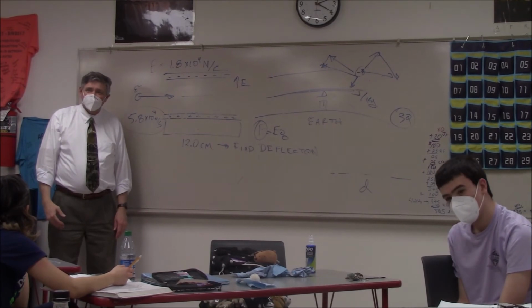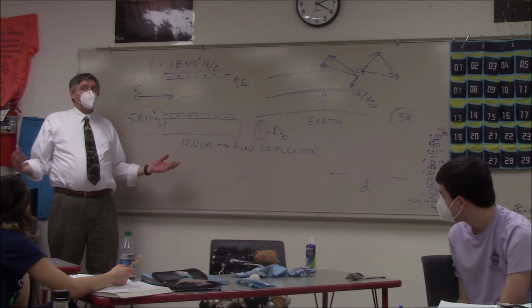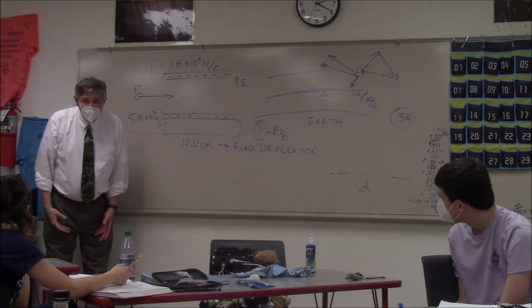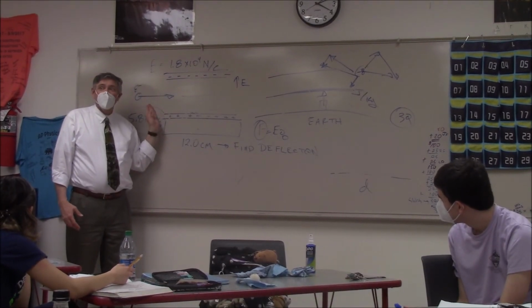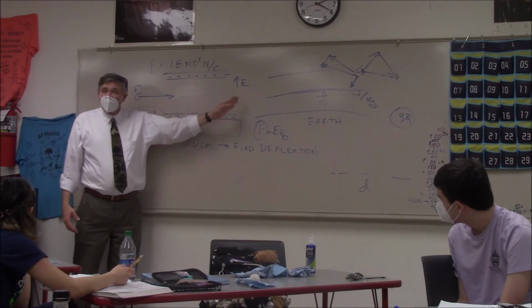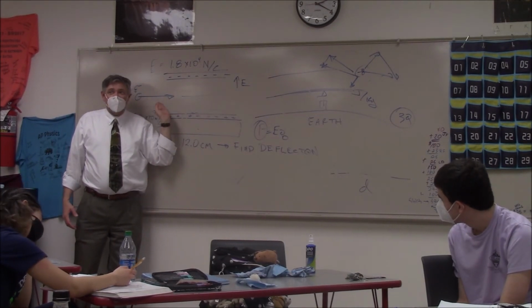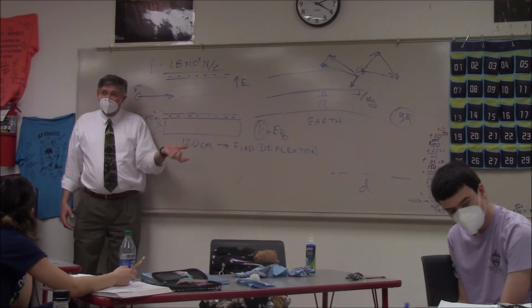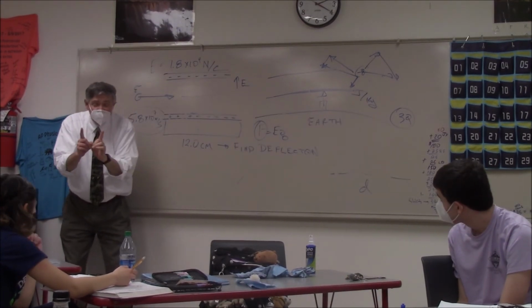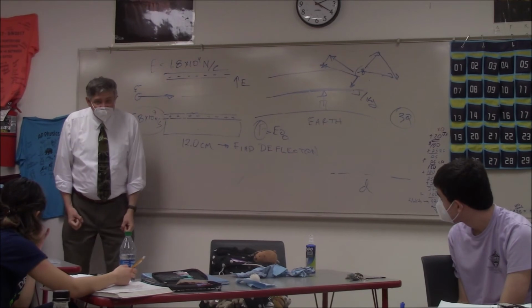There's only vertical gravity. That's the only direction there's a force, right? So is there any force acting horizontally? No. So is there going to be any acceleration horizontally? No. So what can you use when you have constant velocity? What's the one equation you can use when you have constant velocity?